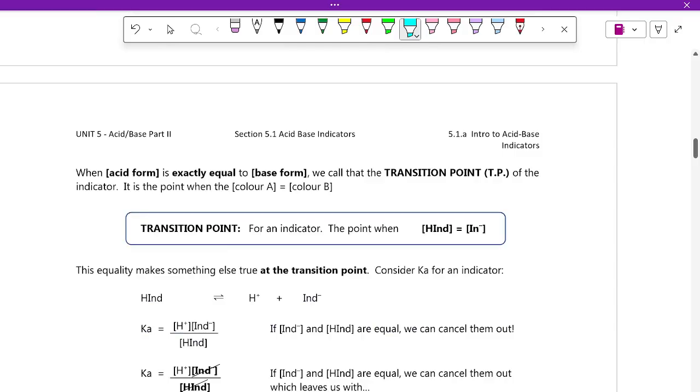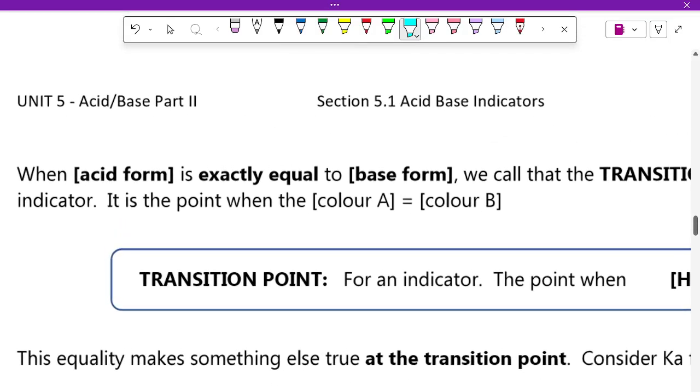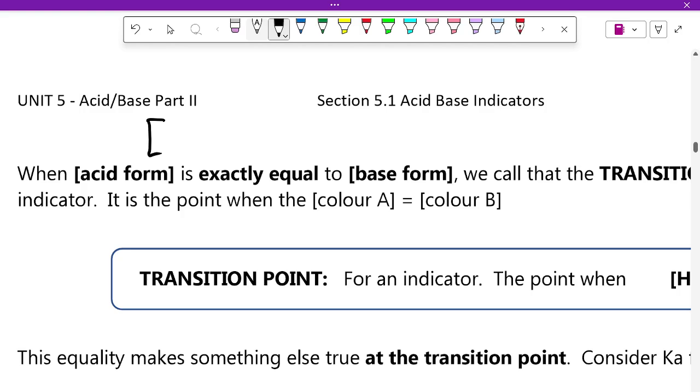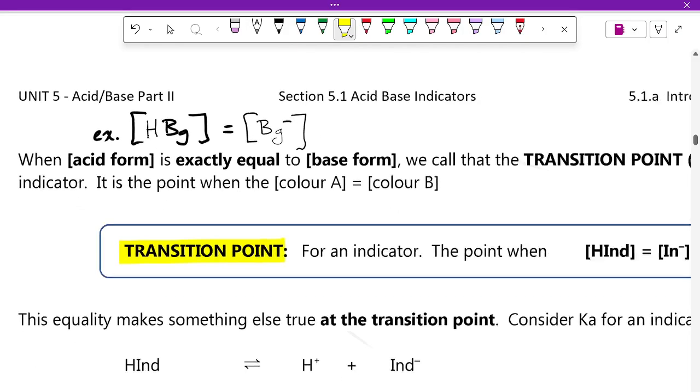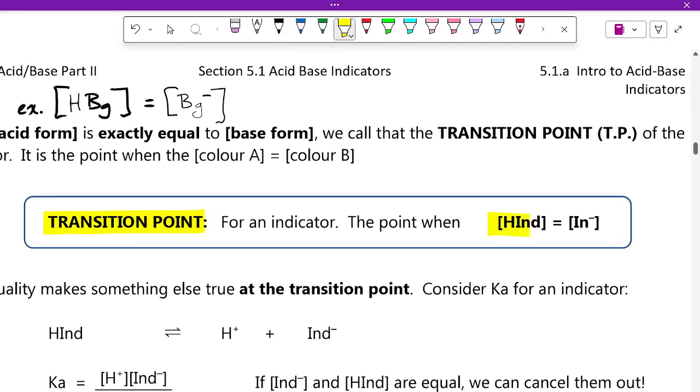When the acid form is exactly equal to the base form, so when we have the concentration of HBG exactly equal to BG minus, we call that the transition point. Okay, so our transition point is when HIND is equal to, I need to fix that.